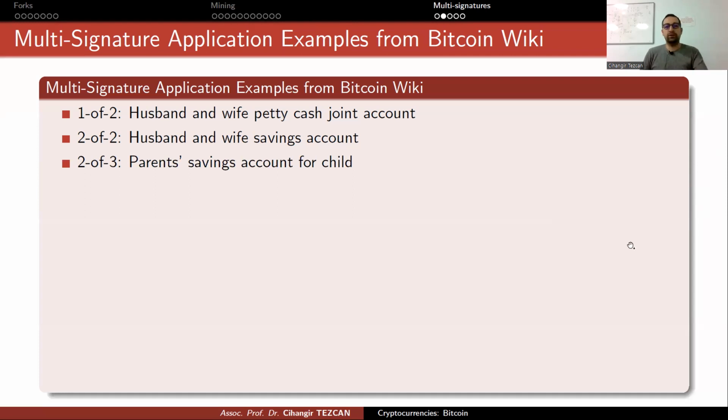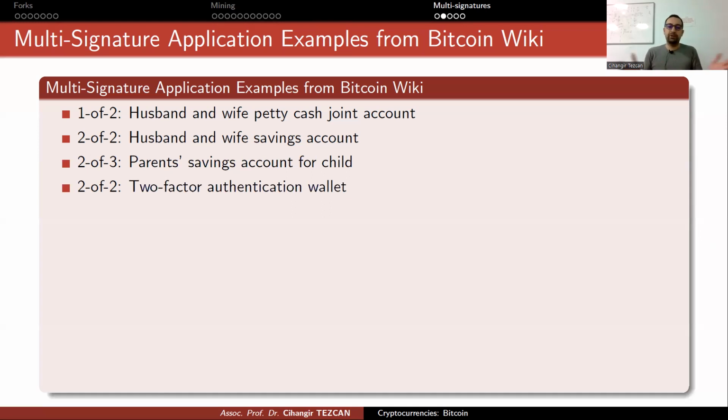As you can see, we can do M out of N signatures in many different scenarios. For instance, 2 out of 3, parent savings account for child. So here, 3 parties: the parents and the child. We don't say 1 because we don't want the child to spend money without parents' consent, but we say that one of the parents is enough to give the consent. This is why 2 out of 3. So if the kid can trick one of the parents, then they can spend the money. 2 out of 2, two-factor authentication wallet.